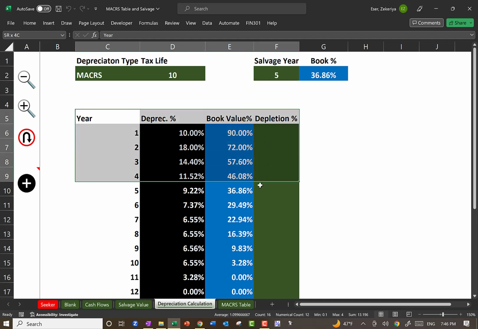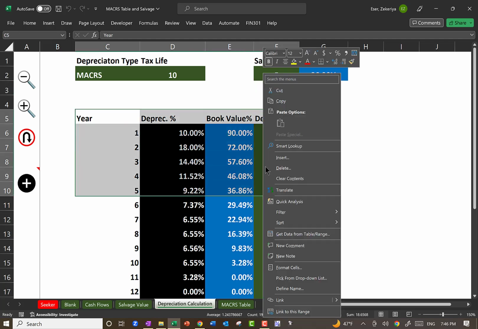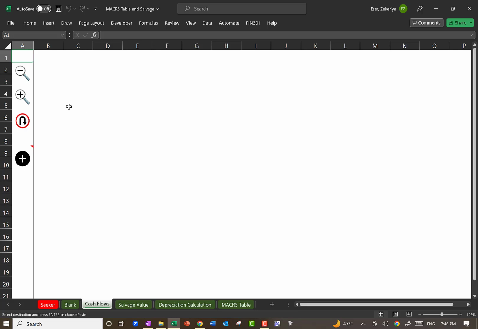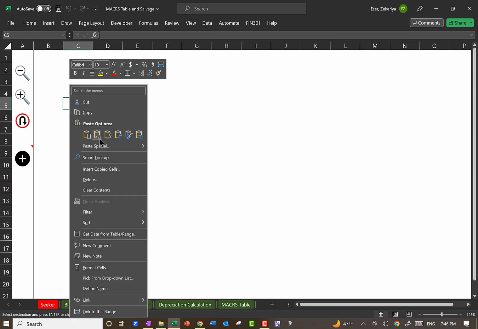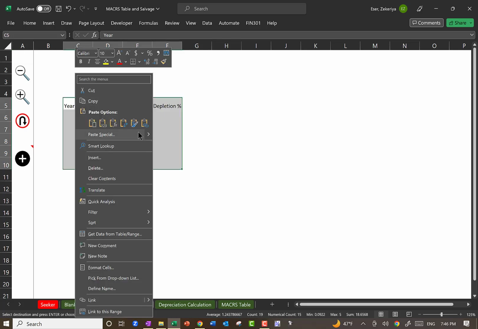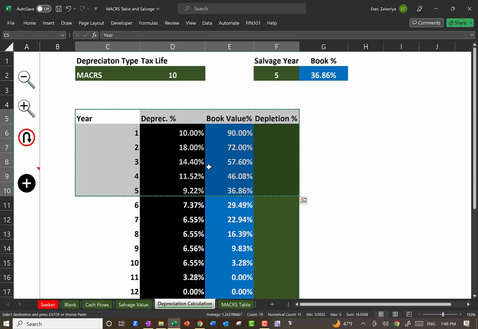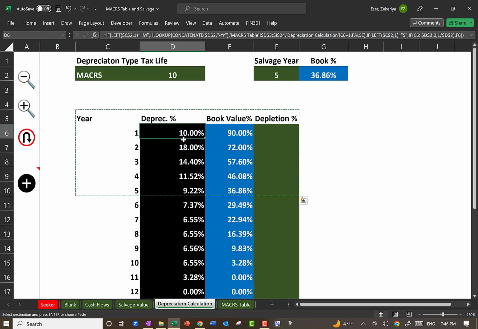I'm gonna copy some stuff. So I'm going to copy the depreciation percentages for the first 5 years, okay?